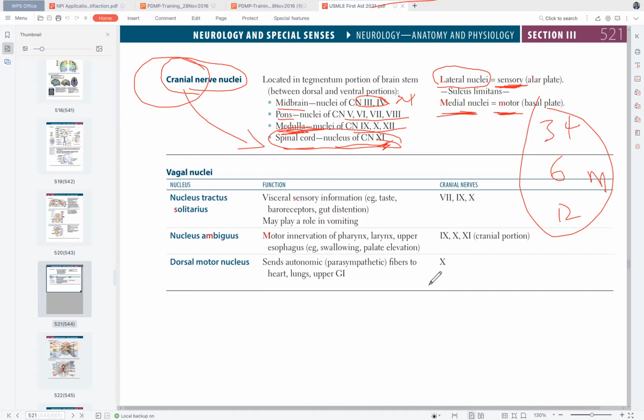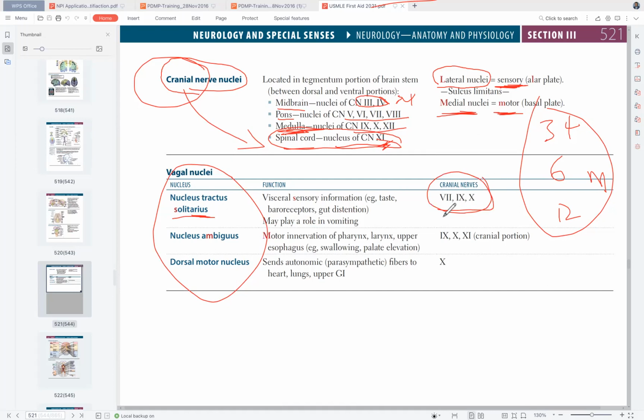We have taken care of those. This is not too high yield, but they want you to know that some of the nuclei are a complex. For example, the solitary nucleus has several cranial nerves coming from it.